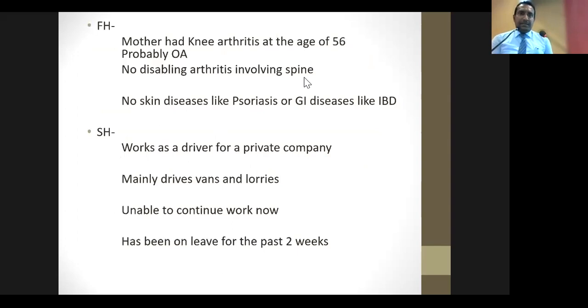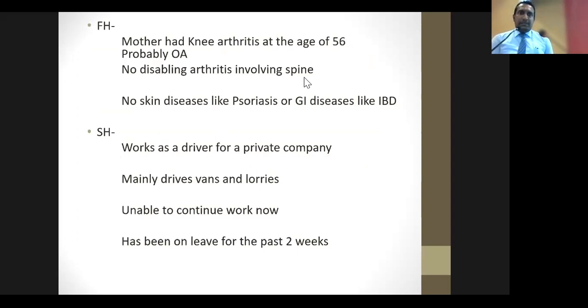In the family history, we got to know that mother had knee arthritis at the age of 56, but it was probably osteoarthritis. Other than that, there was no disabling arthritis involving any other joints or spine noted. There were no skin diseases running through the family like psoriasis or gastrointestinal diseases like inflammatory bowel disease.